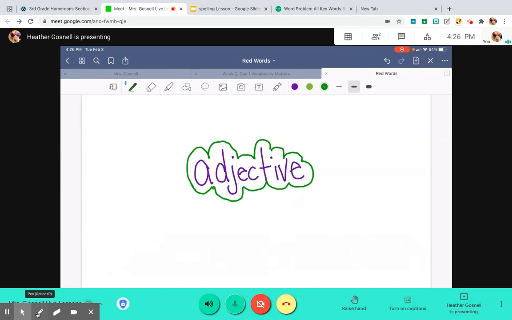So, an adjective is a part of speech. And you know what parts of speech are. They're part of our language. Now, when I was doing that little mini lesson with you on Monday, you know what a noun is. You were able to tell me what a noun is, which I was really happy about, because as third graders, you should know that. A noun is a person, place, thing, or idea.